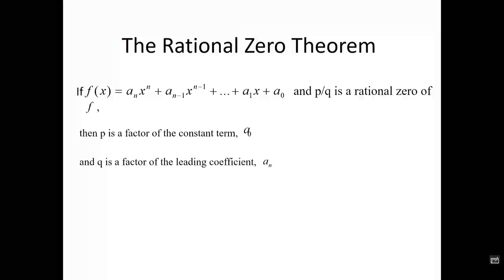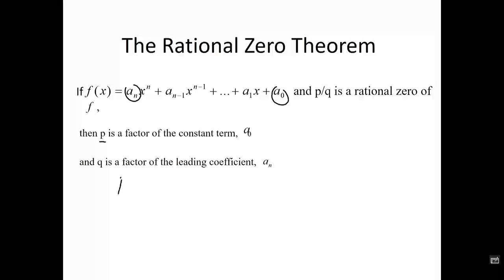So the rational zero theorem states that if f of x is given by the polynomial a sub n x to the n plus a sub n minus 1 times x to the n minus 1, and so on, plus a sub 1 times x plus a sub 0, and the quotient p divided by q is a rational zero of f, then p is a factor of the constant term a sub 0, and q would be a factor of the leading coefficient a sub n.